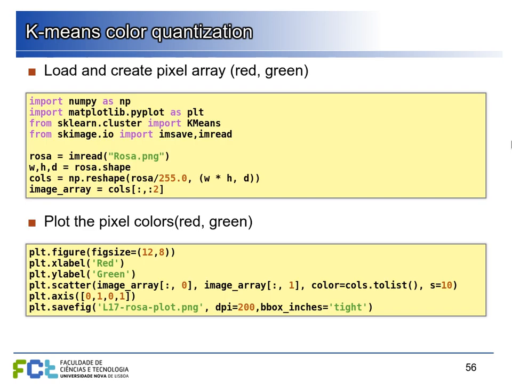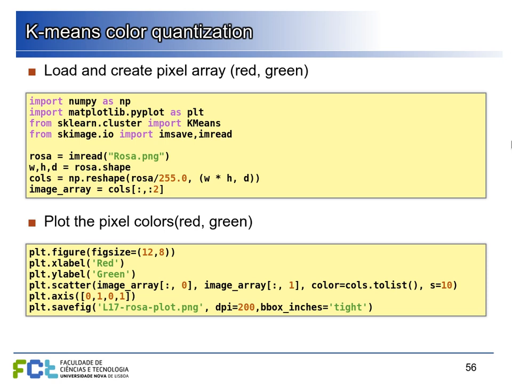So to process the image, we can use scikit-image. We have these image save and image read functions. We read the image file, and this results in a matrix like a NumPy matrix for this file. So we have a three-dimensional matrix because we have width, height, and then we have three layers for red, green, and blue channels.